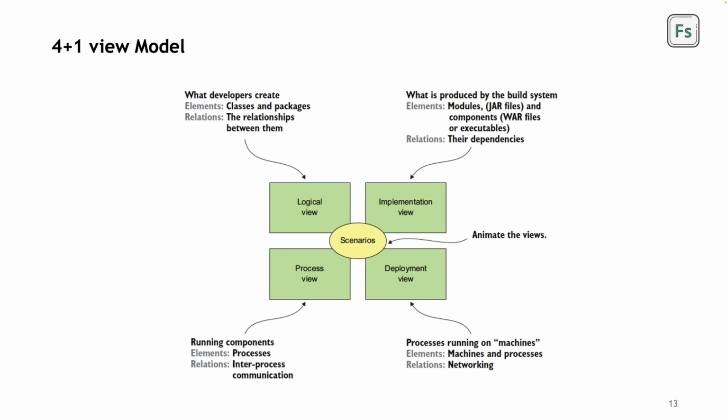Lastly comes the deployment view. The deployment view is more on the physical layer: how you build this system, and how it runs on the machines or nodes. It contains different deployment diagrams from UML.